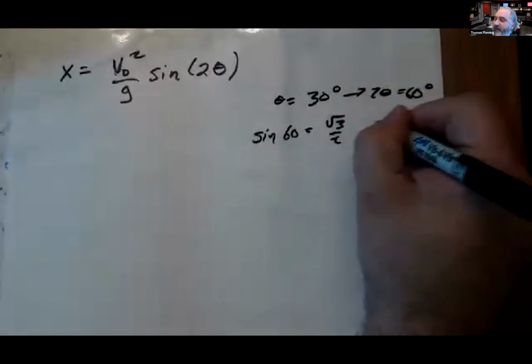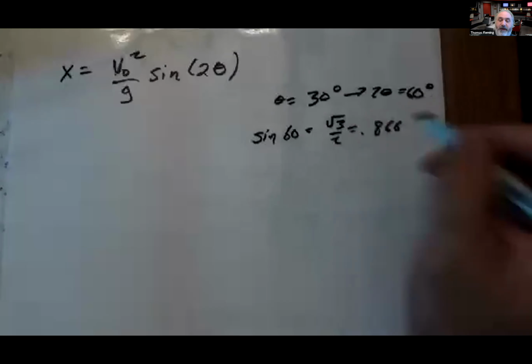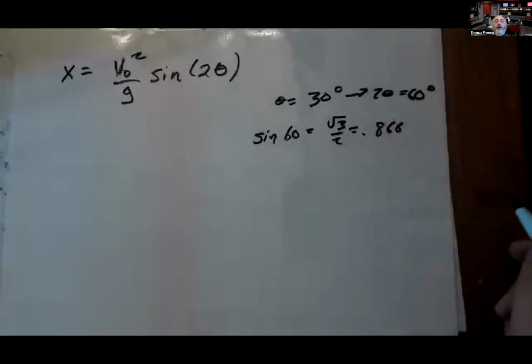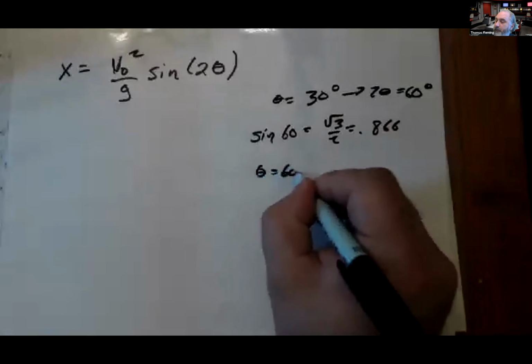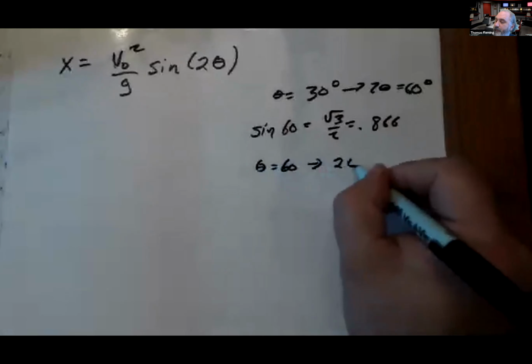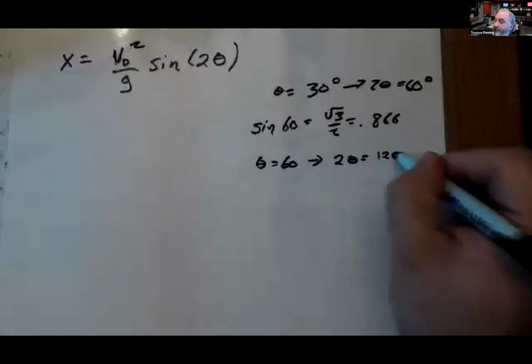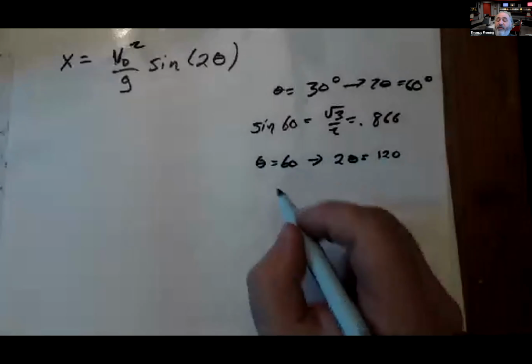It's about 0.866 when you work it out. Now, what if I had picked a 60-degree angle? What if theta were 60? Well, if theta was 60, 2 theta is 120. What's the sine of 120?